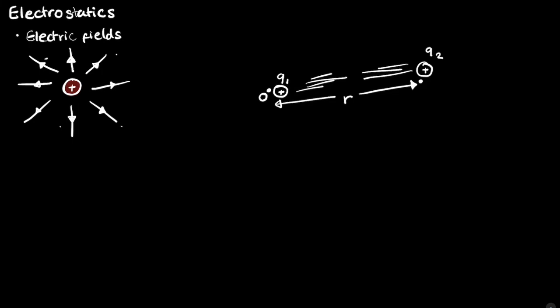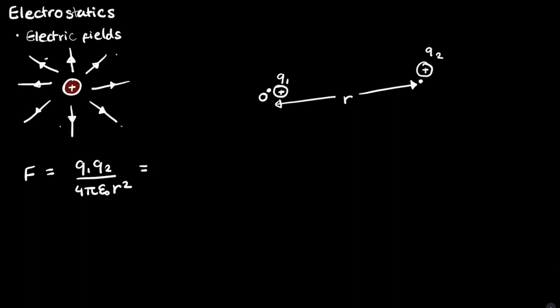So not just the distance, but the distance squared. In equation form, you're probably familiar with it as q1 q2 over 4 pi epsilon naught times r squared.